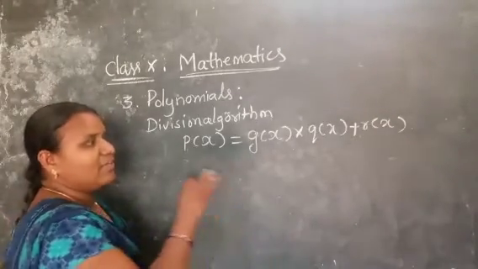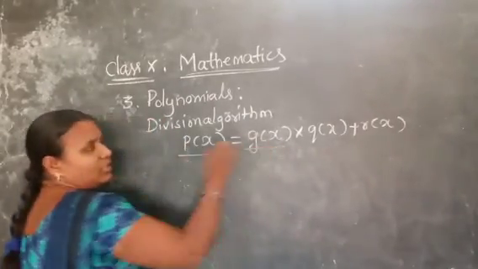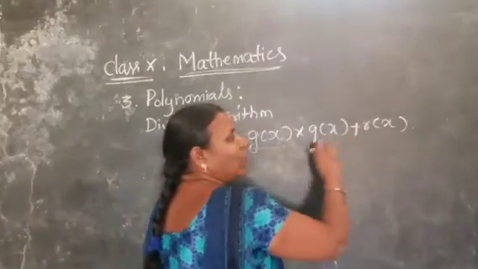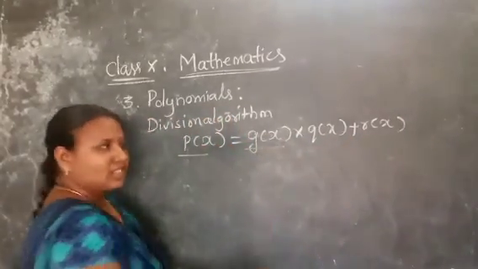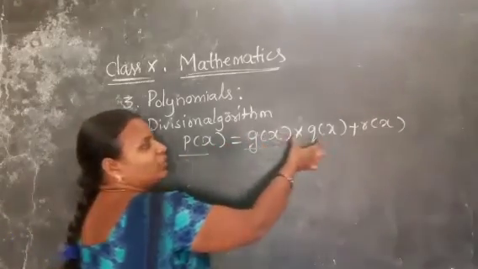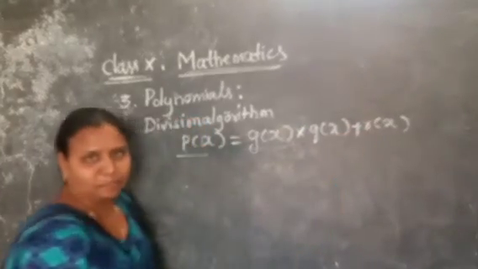This is called division algorithm. When P and G are two polynomials, we get Q and R such that they satisfy this: P of x is equal to G of x into Q of x plus R of x.